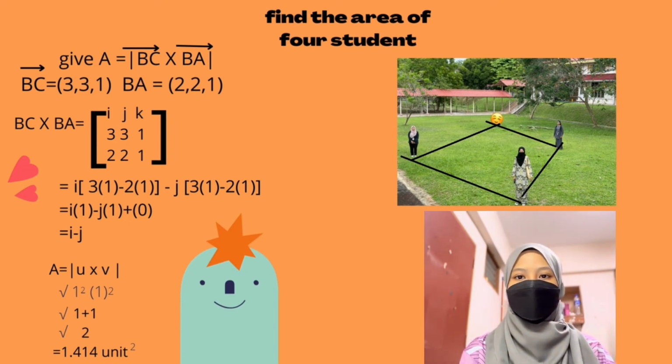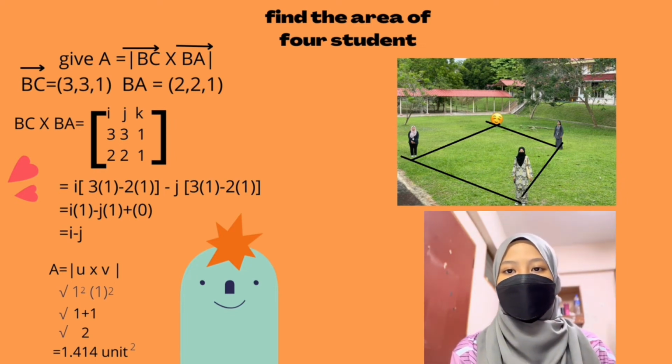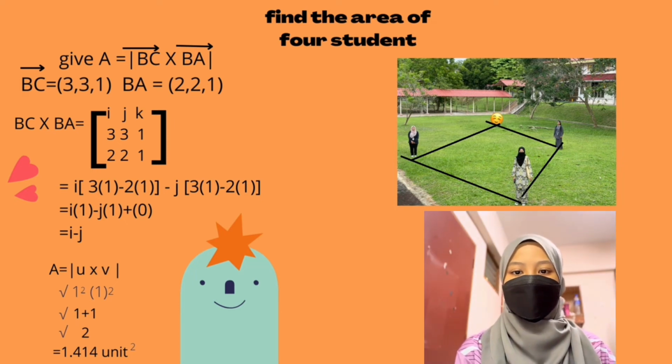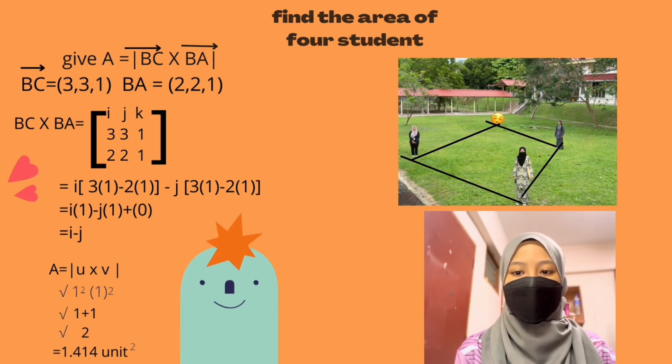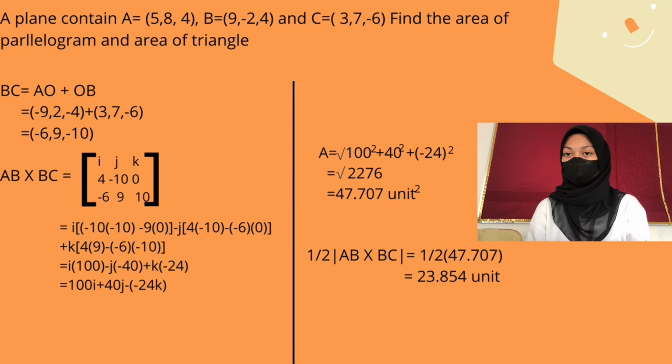So the magnitude of BC cross BA equals square root of 1 plus 1 equals square root of 2. The answer is 1.414.